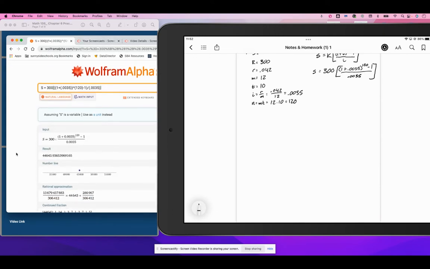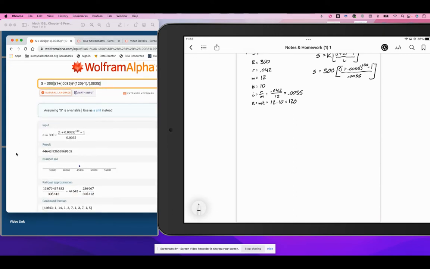And so this fund is going to grow to be 44,643.94.